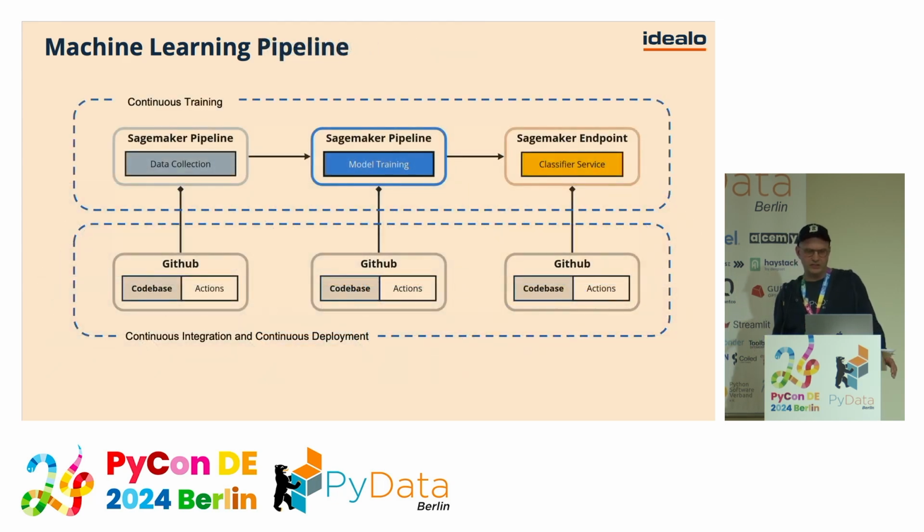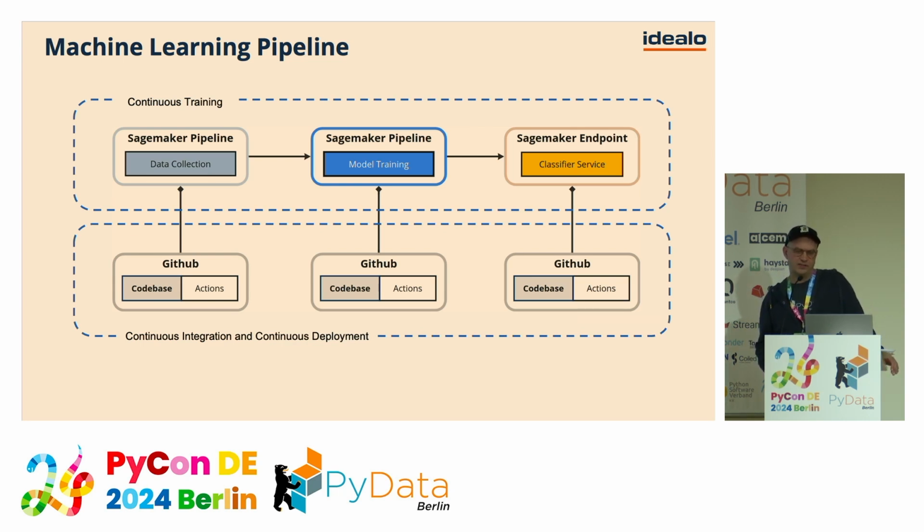Our team implemented this MLOps lifecycle and ended up with a machine learning pipeline, for our category classification task, for instance. In detail, the whole ML pipeline works like this. According to the lifecycle, there are separate components, one for data, one for model, and one for the endpoint. Each component has a separate code base.